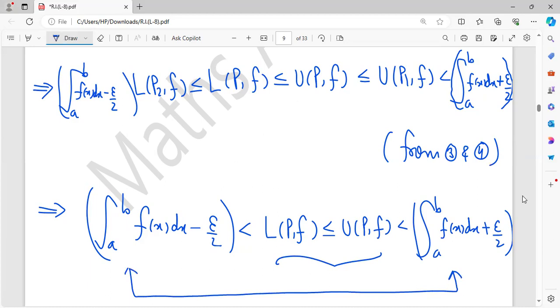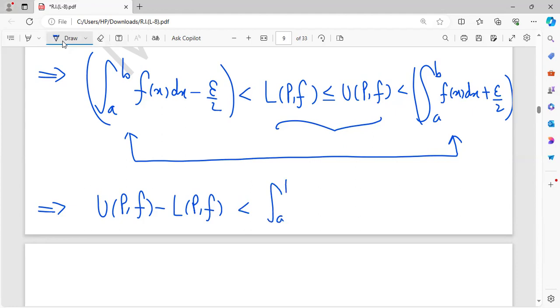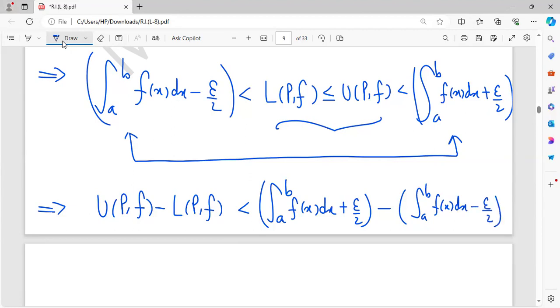So this implies U(P, f) minus L(P, f) is strictly less than the integral from a to b of f(x) dx plus epsilon by 2 minus the integral from a to b of f(x) dx minus epsilon by 2. So what is this?